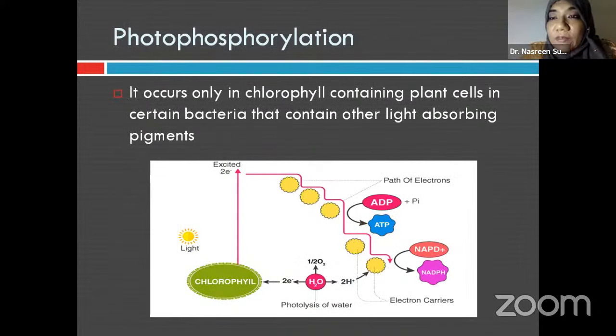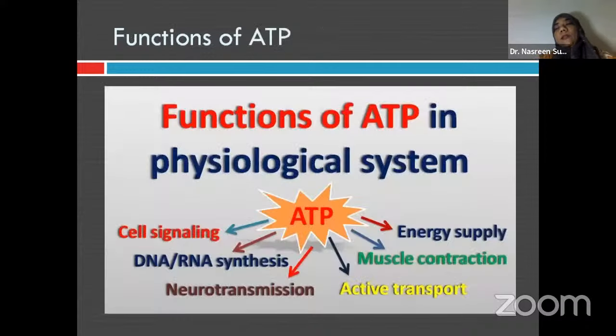Then you also have photophosphorylation, where the chlorophyll containing plant cells and bacteria absorb the light and go for phosphorylation. Okay, that is called photophosphorylation.